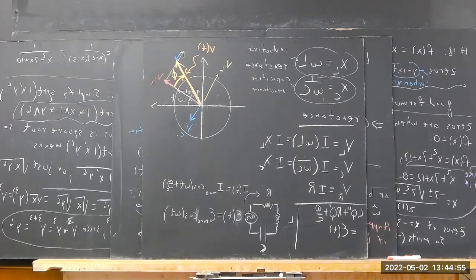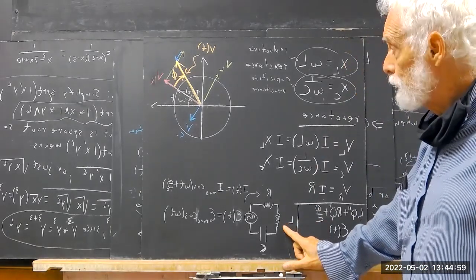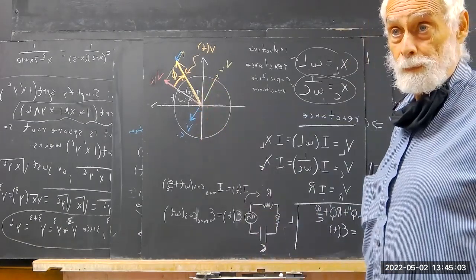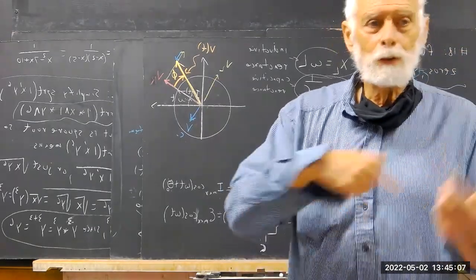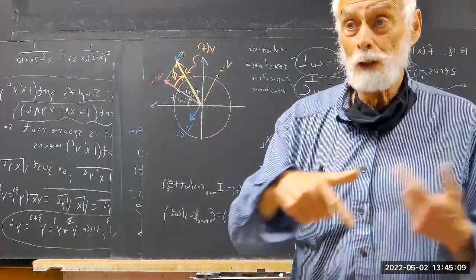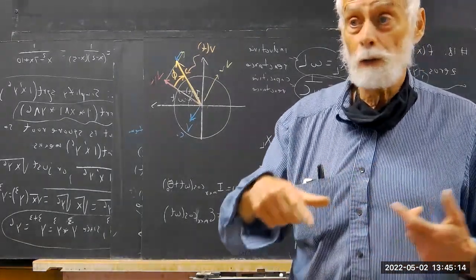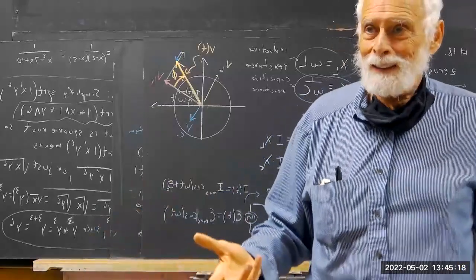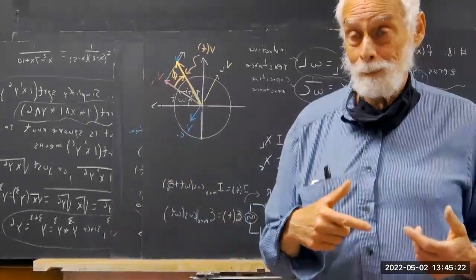Okay, thinking about why an inductor has a voltage that is ahead of your current. It's basically because if you've got a current flowing in your inductor, it doesn't want to let go of that current. Now, it doesn't have volition, okay, but it acts like it doesn't want to let go of the current.